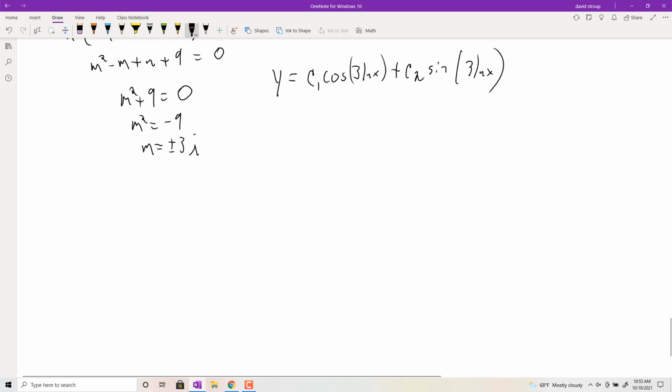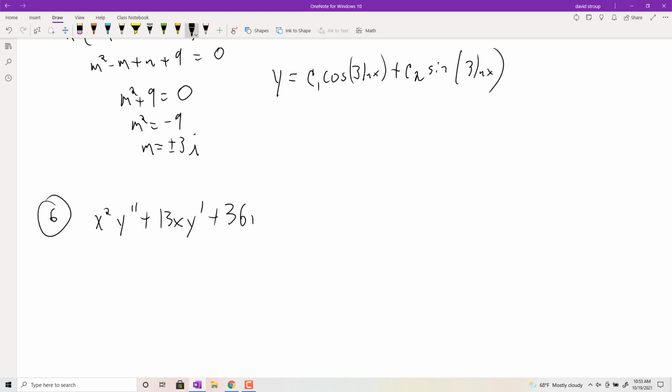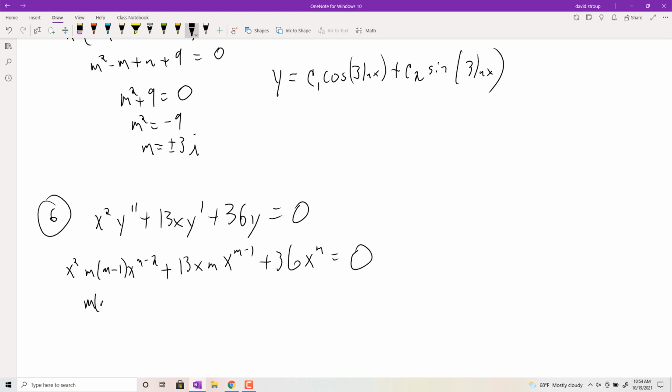Okay, so we got another one, number 6. You have x squared y double prime plus 13xy prime plus 36y is 0. So I'm going to do my substitution again. I got x squared times m times m minus 1 x to the m minus 2 plus 13x times m times x to the m minus 1 plus 36 x to the m is 0. Rewrite stuff. Factor out the x to the m.